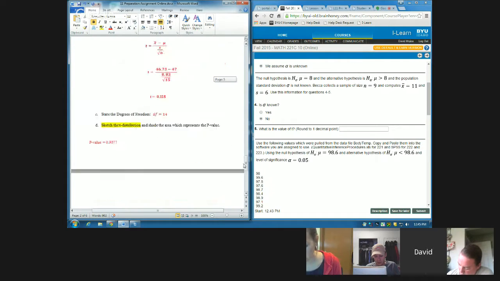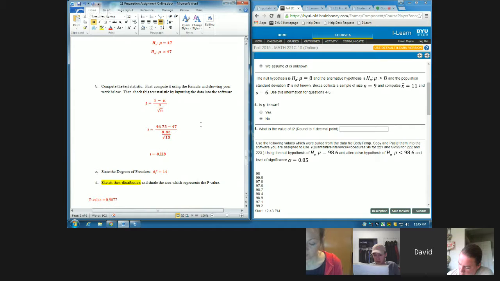T equals x bar minus mu over s divided by the square root of n. Yes. X bar is 11, mu is 8, s is 6, and n is 9.